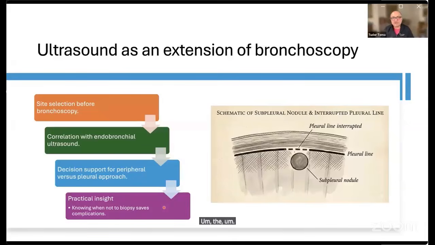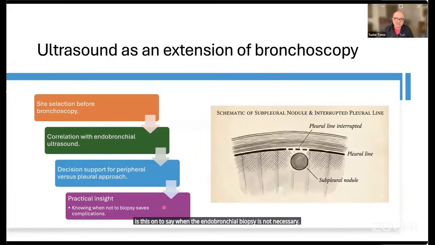The correlation with the endobronchial ultrasound, yeah, it may be helpful. I mean, it depends on what the pathology is. I think the main additional benefit here is to say when the endobronchial biopsy is not necessary.